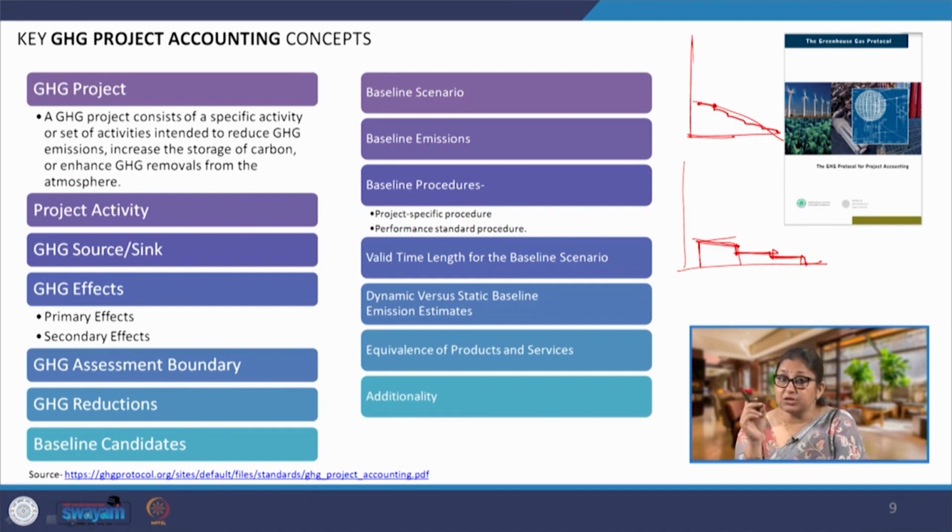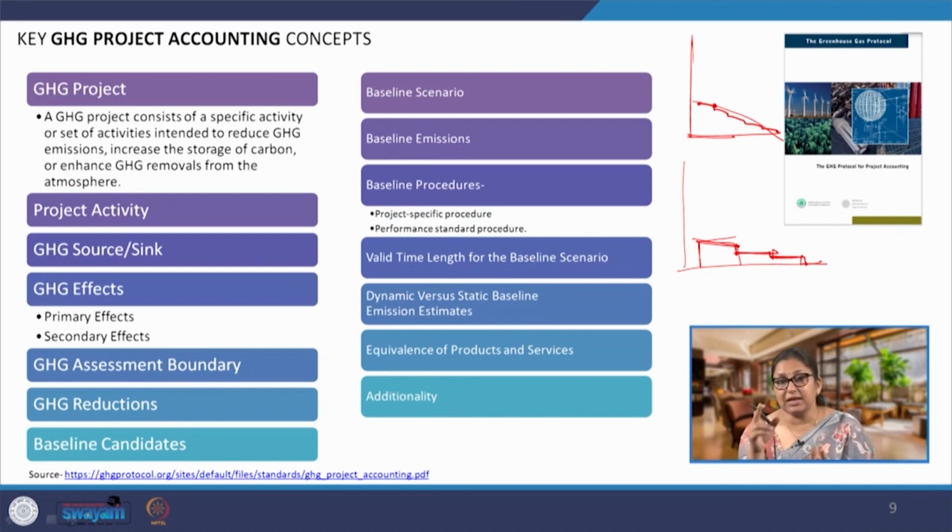For example, in the case of IIT Roorkee, as I said, we installed photovoltaics and we also installed the solar thermal dishes. Now, the baseline for that could be, say, the average of 5 years before the installation happened, and then I can calculate the reductions post that.